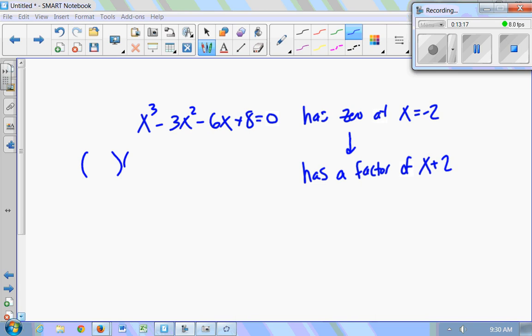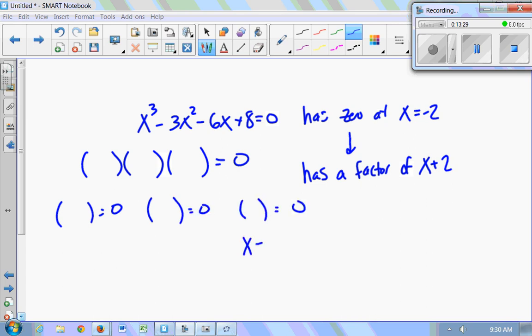Because it's a cubic, I can factor it into 3 sets of parentheses, right? And then you would set each set to 0. And one of them gives me x equals -2. Right? So that means that x plus 2 had to be in those parentheses. Okay. So that means that x plus 2 would have to be here.